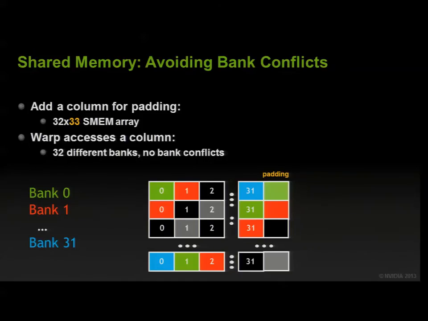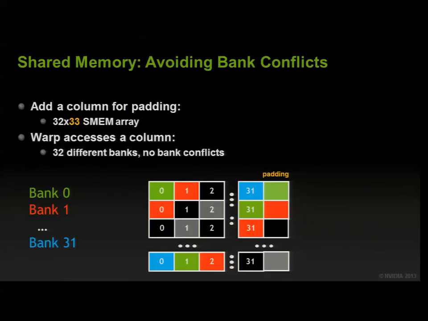So the way to avoid that in the case of a transpose is by not having a square of 32 elements. By padding, instead of making our shared memory array 32 by 32 elements, we make it 32 by 33 elements, and we introduce a padding element.